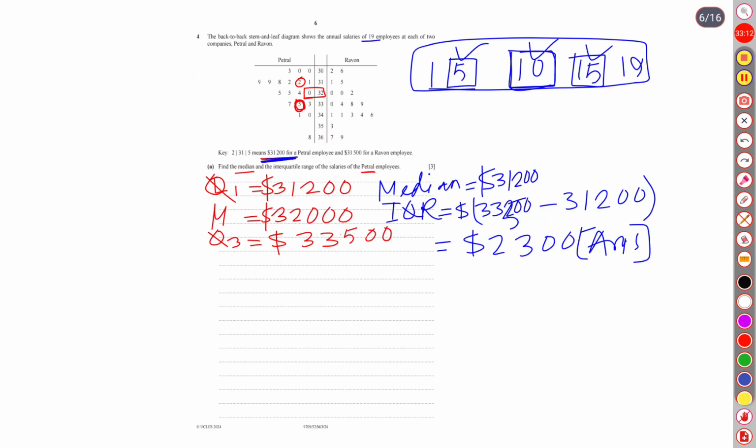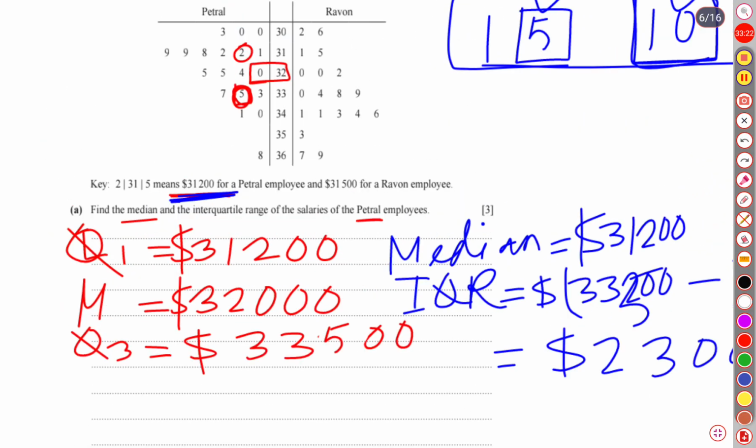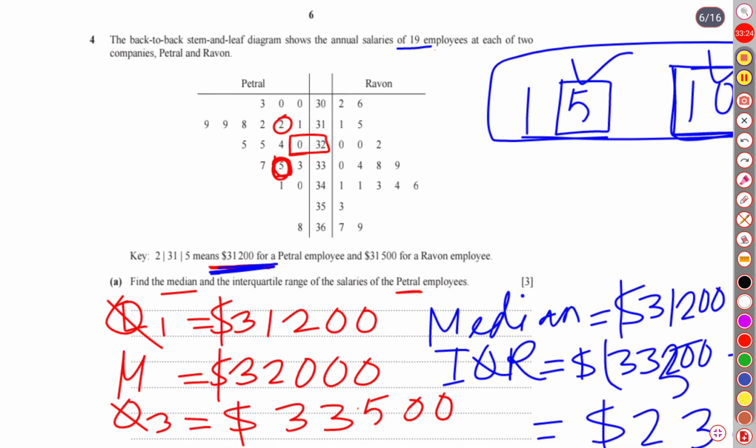How much is the lowest salary? Lowest salary is this one, 300. And upper salary is how much? 368.